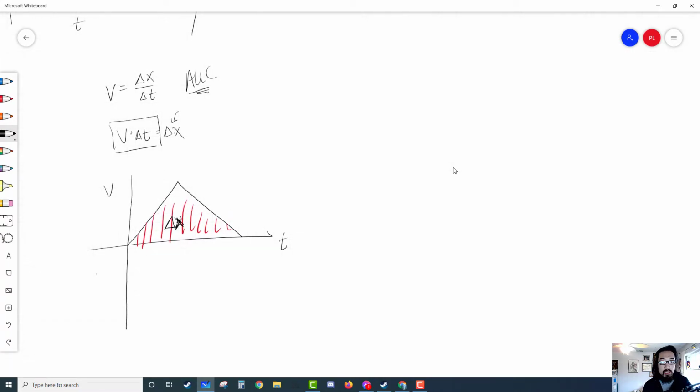And so the same also goes for anything that's rotational. So setting velocity equal to displacement divided by time, we can say omega is equal to delta theta divided by delta time. If I'm multiplying the variables, I have omega times delta t is equal to delta theta, right? And once again, because these two are the things that I'm multiplying, these are my axes, and this is my area under the curve.